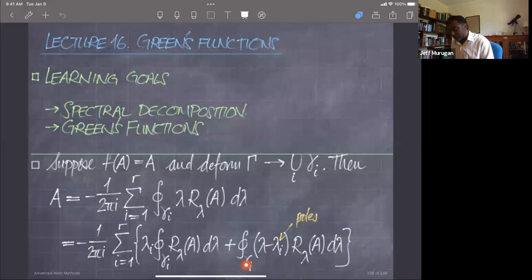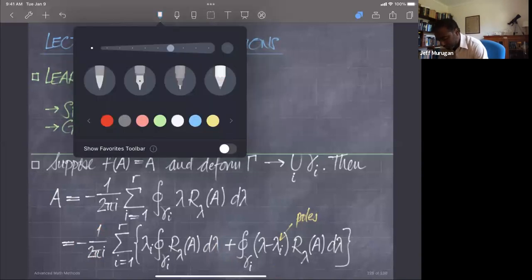The second term here, including the 1 over 2 pi i, is a new object, which I'm going to call Di. So taken together, this defines for me the following relation for A.